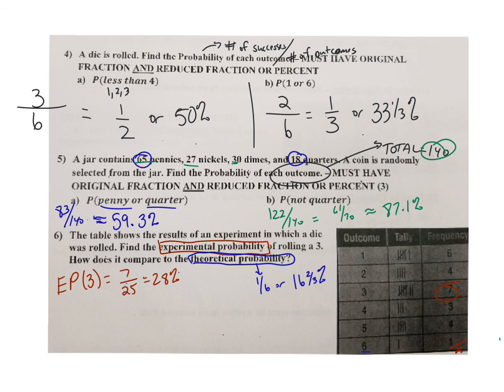Well, in this experiment, three overperformed the theoretical probability by over 10%. That's a pretty significant increase in what we expected. If you would have guessed that you were going to get 7 out of the 25 rolls, I don't know if you would have guessed that.